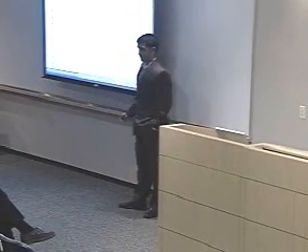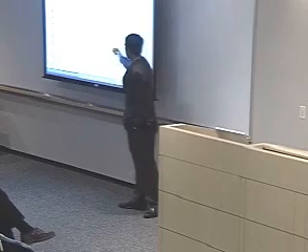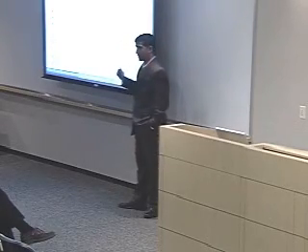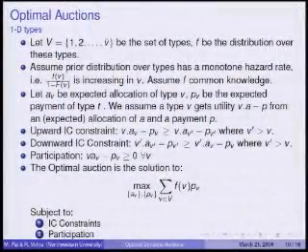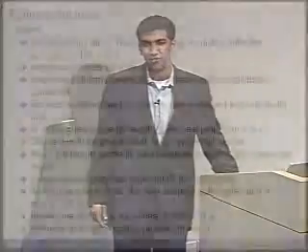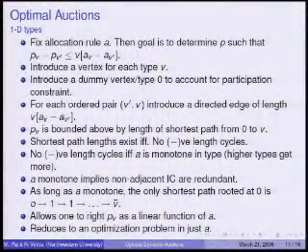So now, if you restrict your attention to monotone incentive constraints, then monotone allocation rules, you have an optimization problem in just A. Now if you go back to these downward and upward incentive constraints and combine these two, you will notice that the allocation rule has to be monotone. So the only feasible rules are monotone allocation rules.